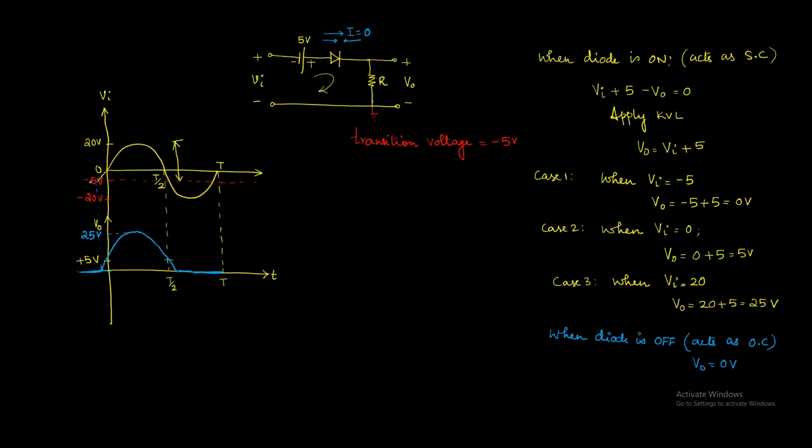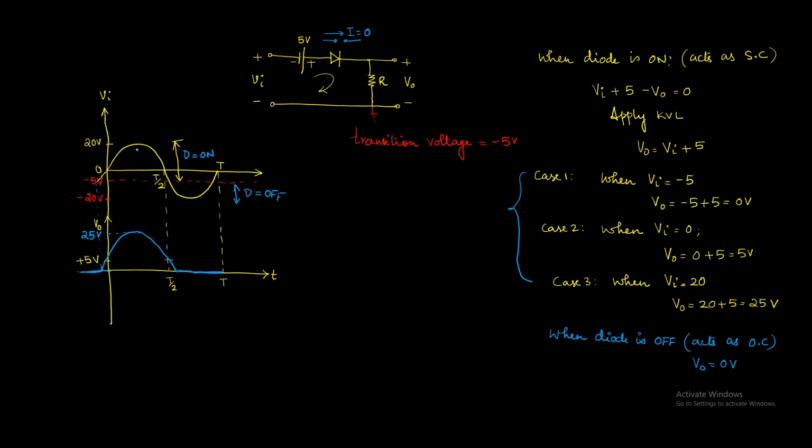Just because it is clipped at the transition voltage of minus 5, do not draw the waveform from minus 5 volt. You need to do this analysis very carefully so that it is easier for you to draw the waveform.